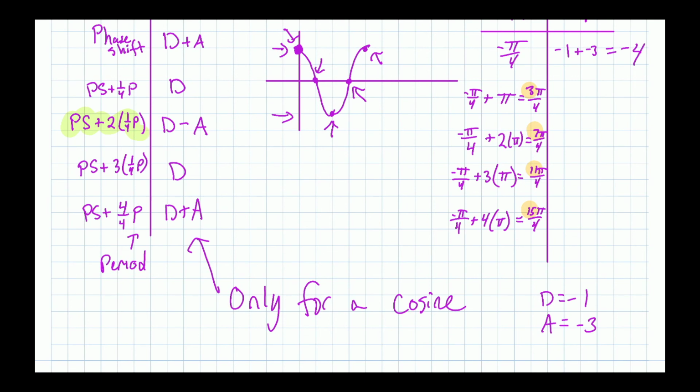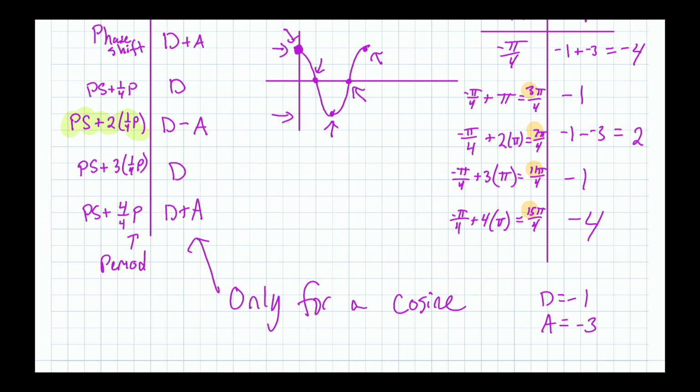And then we have d, so just negative 1. And then we got d minus a, so that's negative 1 minus negative 3, so that's negative 1 plus 3, which is 2. Then you've got d again, so that's negative 1. And then you've got d plus a, which is the same as the starting value, so negative 4 again.